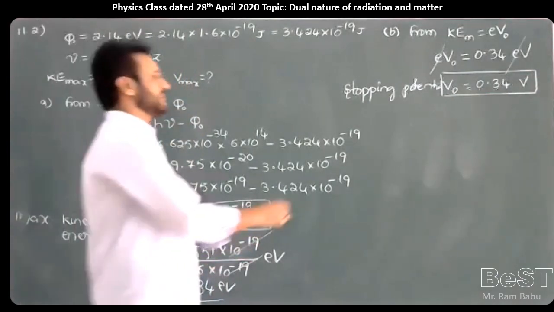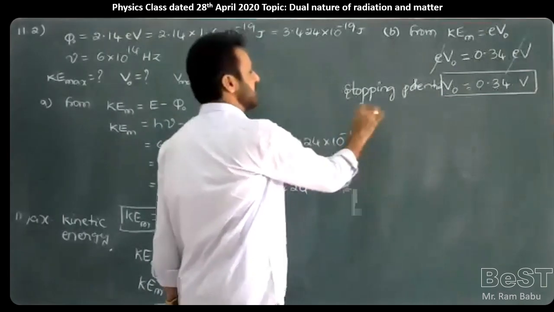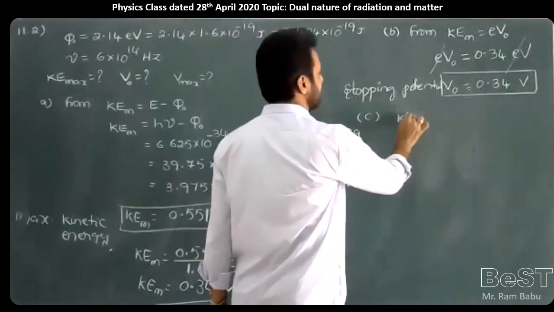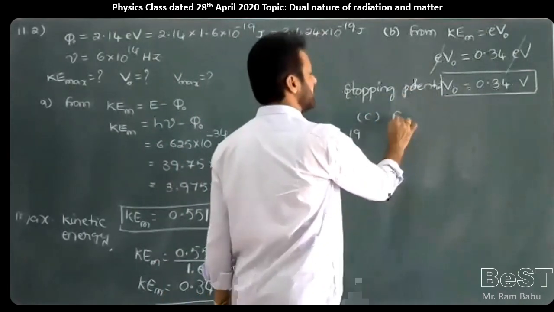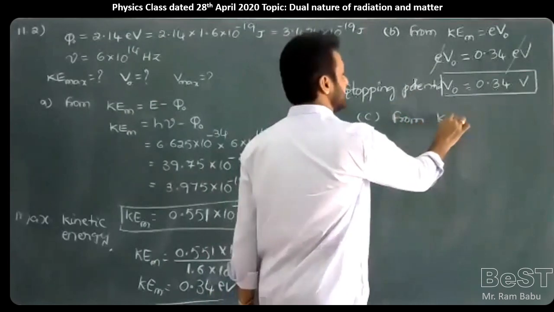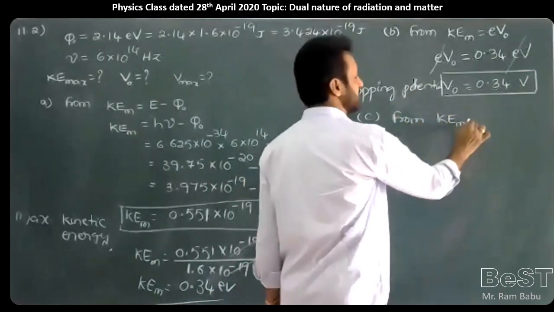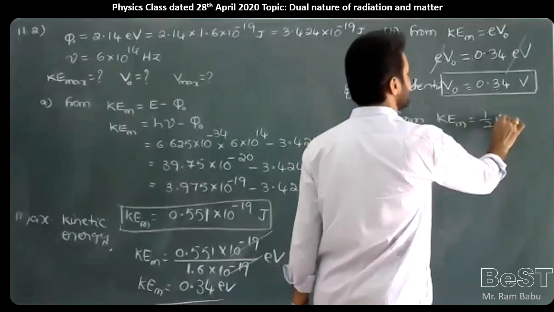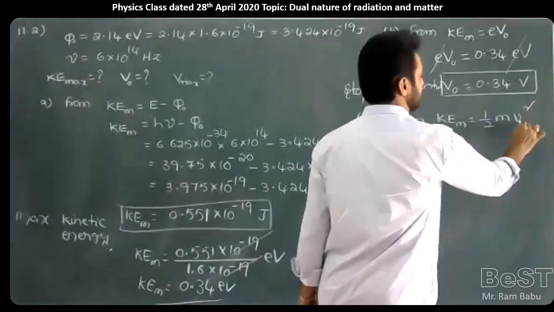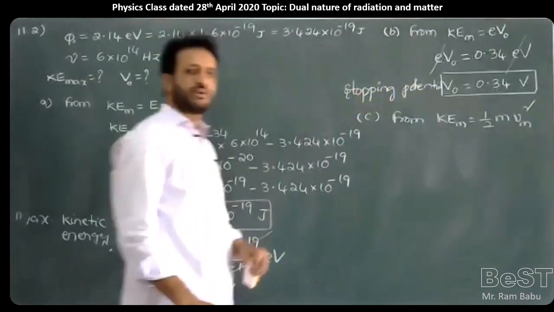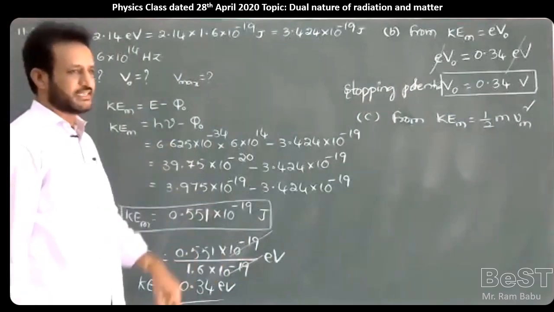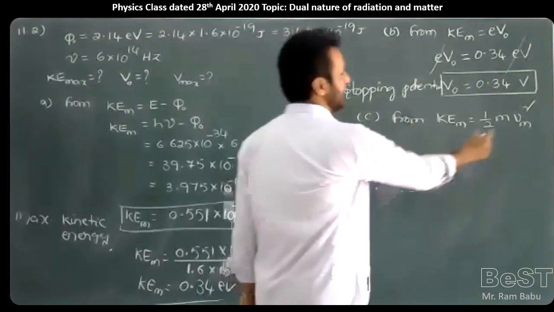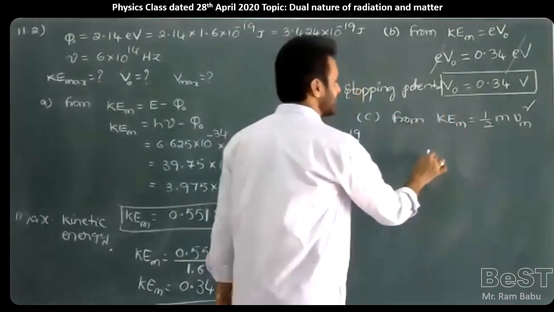Correct. Now the third one, C. Again the same. From the maximum kinetic energy of the photoelectrons, we have the formula half m v square. In that, v is called speed. That speed we should calculate. Take all the letters to the left side except v maximum.